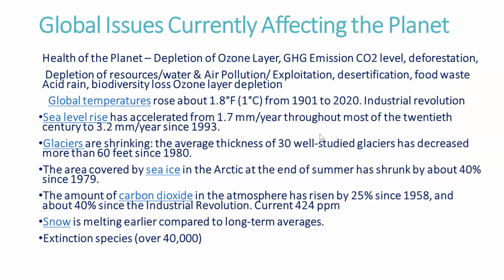So what are the global issues currently affecting the planet? Health of the planet is the term that we use to entice people to engage in protecting the environment and control pollution.